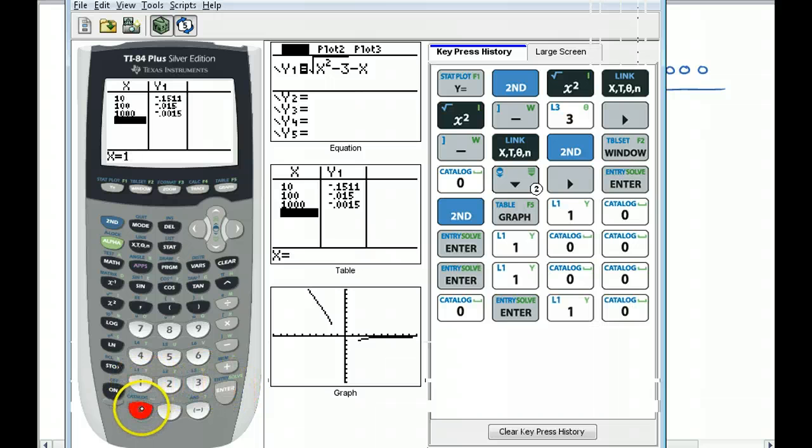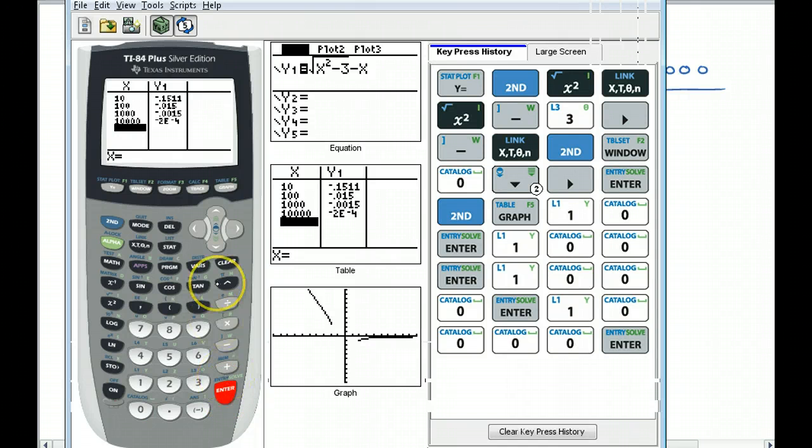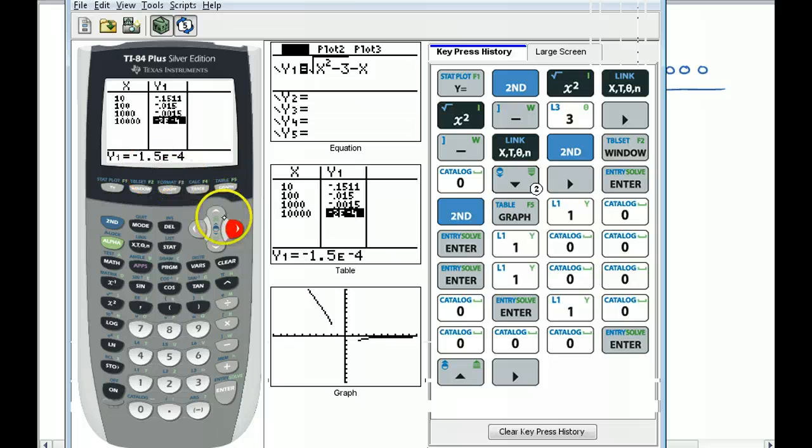And at 10,000? That means negative 2 times 10 to the negative 4. Let me read the result: negative 1.5 times 10 to the negative 4. Looks to me that maybe this is going to be the limit, negative 0.0015 possibly.